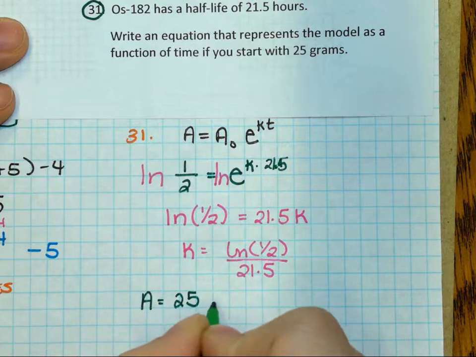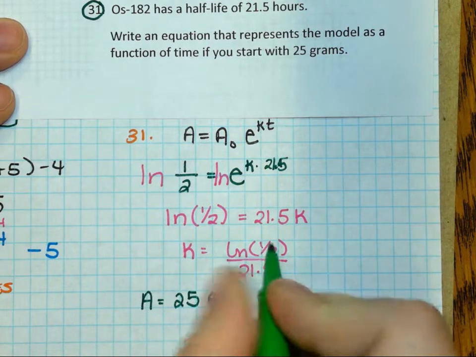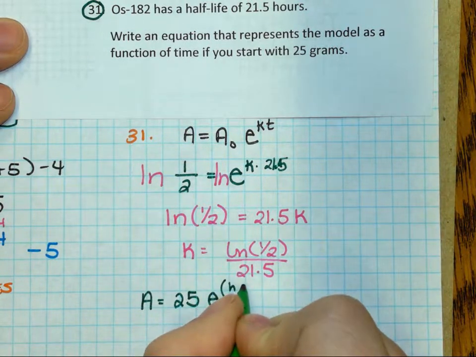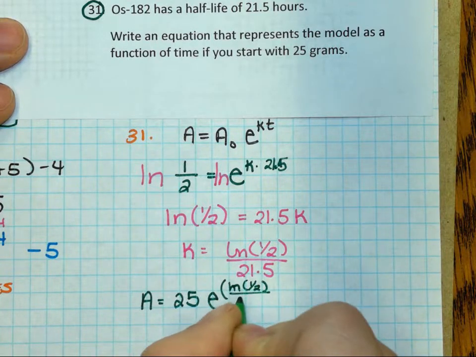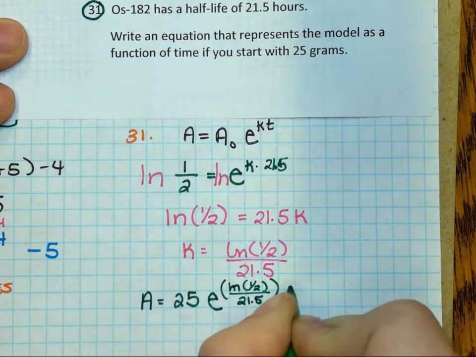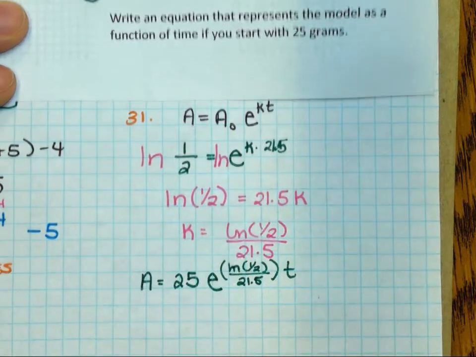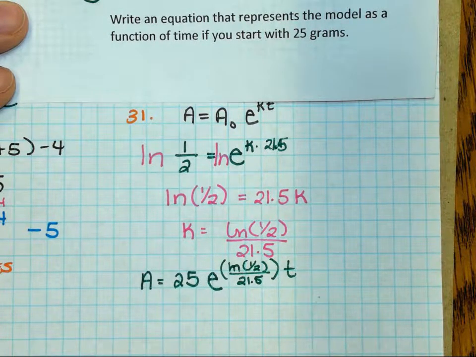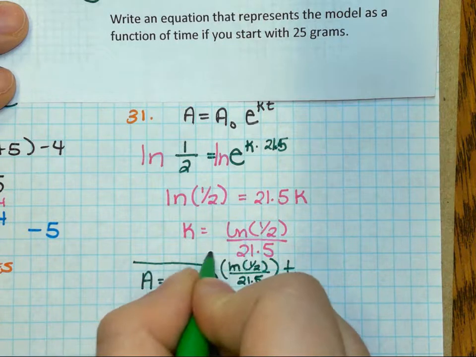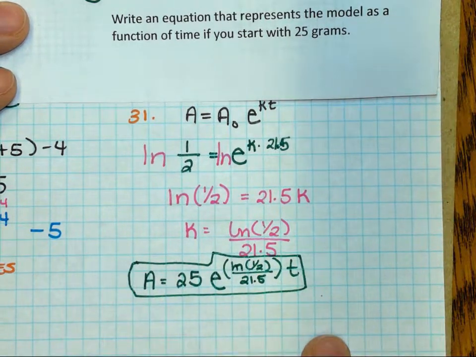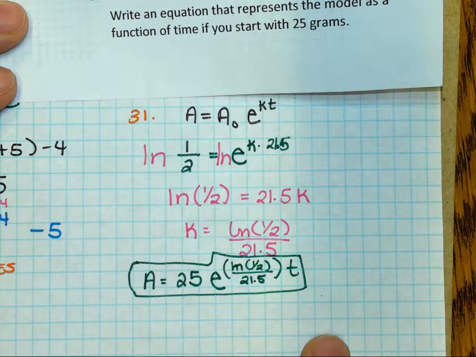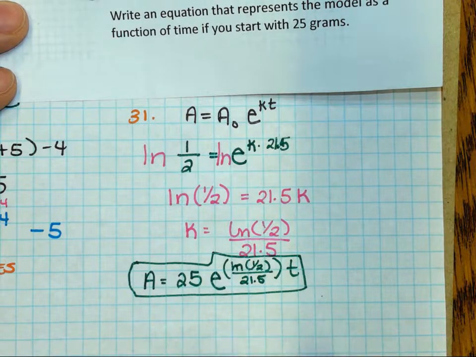So A equals 25 times e to the ln of 1/2 over 21.5 times t. That's it. Done without a calculator, because guess what? Test is calculator off. So this is all you'll be able to do.